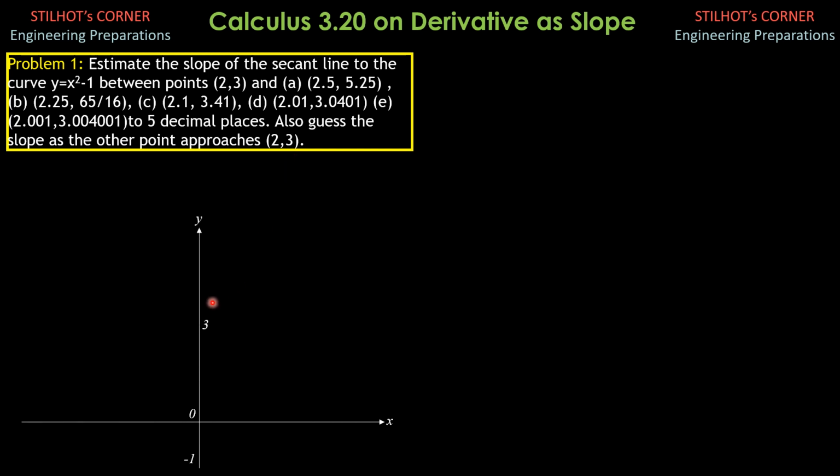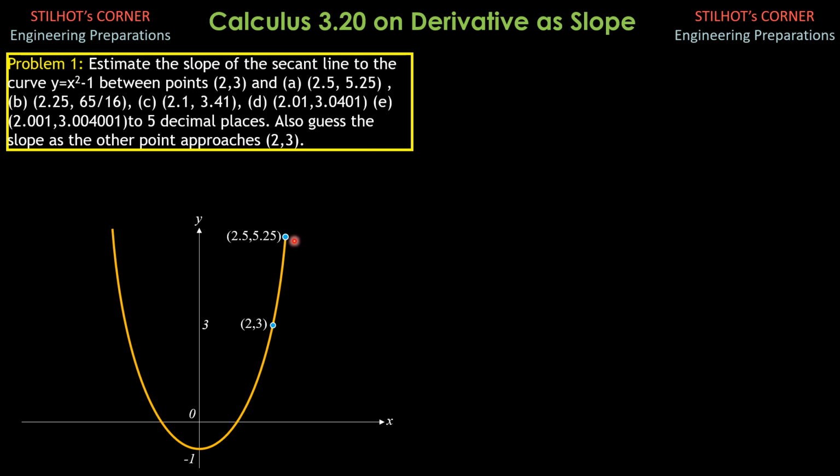So let's have the sketch of the graph so that we can see the points being considered. So this is (2, 3), and the other points A to E may be anywhere here. In particular, let us say this is the first point A, (2.5, 5.25).